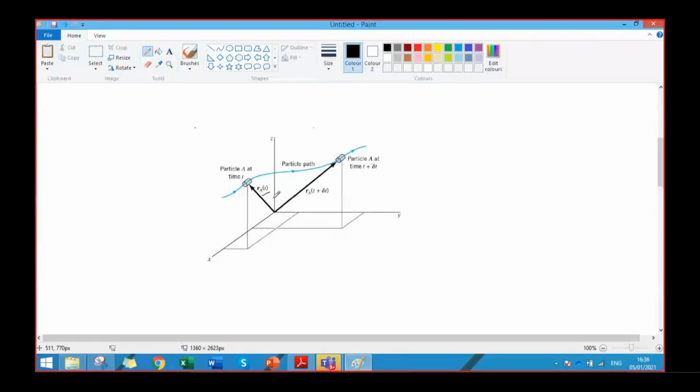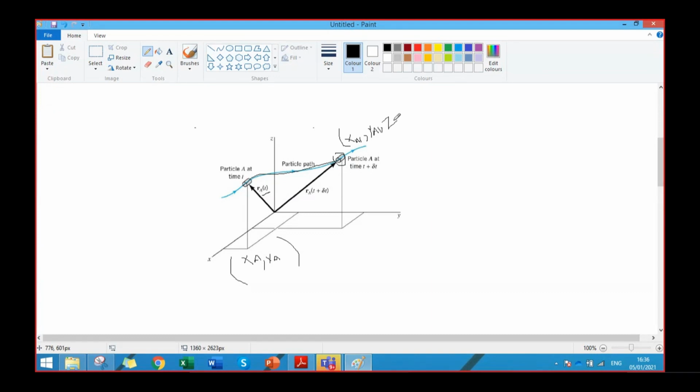There will be no z because it is in the xy plane, right? After some time delta t, this particle follows this path and changes position. So now the position is xa1, ya1, za1. So we can see that the velocity is a function of the location as well as the time.